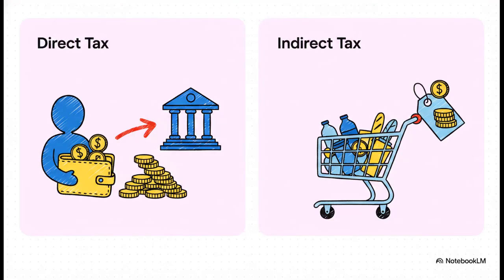Once you have those ground rules, you can sort the taxes into categories. The biggest split is direct versus indirect. Direct taxes are levied straight on people, specifically targeting your wealth and income. Think of the money pulled directly out of your paycheck before you even see it. Indirect taxes, on the other hand, are levied on transactions, goods, and services. The extra amount you pay when you're checking out at the store.